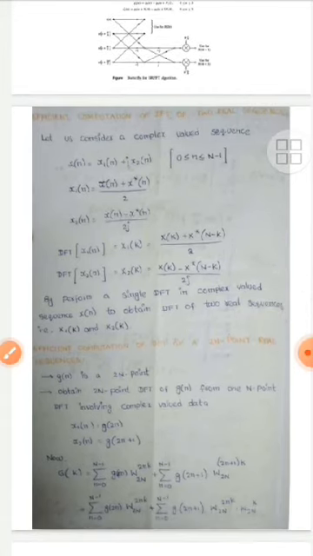So first one is efficient computation of DFT of two real sequences. Here the FFT algorithm is described to perform complex multiplications and additions, even though the input data may be real valued.